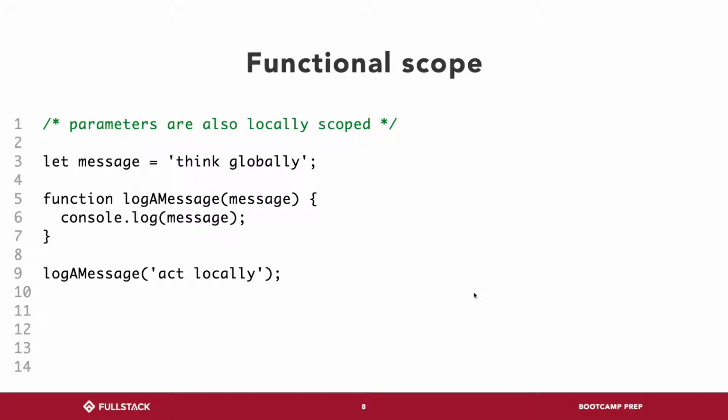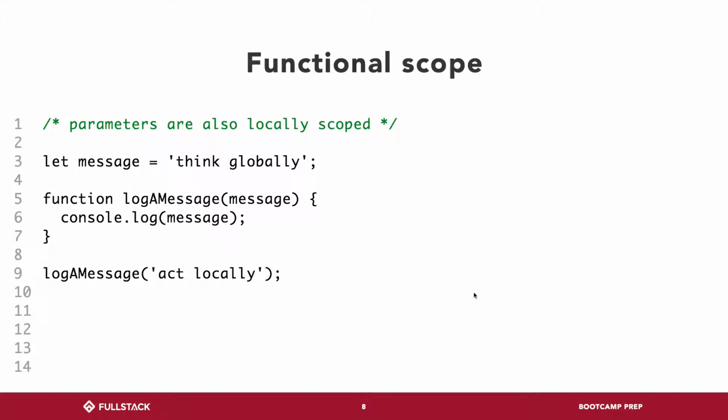It would be act locally, because inside a function, it first checks what's closest to it, the actual scope that it's in. It first checks that before it scans out. So it first encounters this parameter that's passed in. It's essentially saying let message equals act locally, let message equals message inside of here. And so message is going to be act locally.